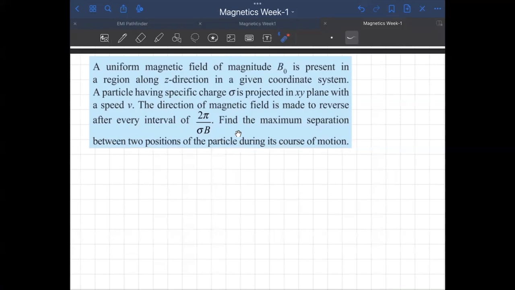Uniform magnetic field B naught is present in a region along Z direction. So always we will feel Z is above, towards us.